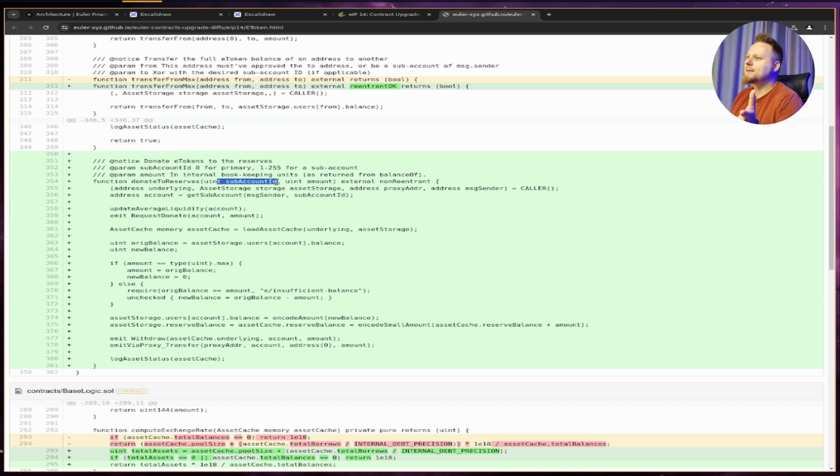One last thing that may be useful for you, this is the sub account ID. So Euler has this interesting logic that your address may have only one position. However, this is very impractical.